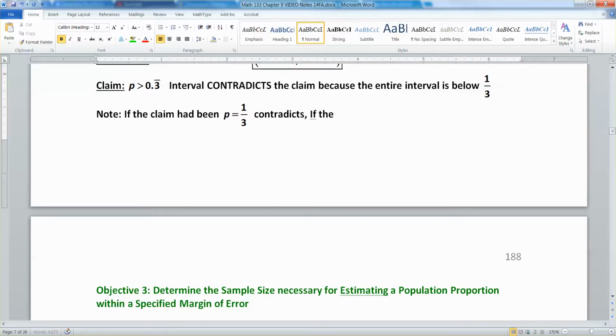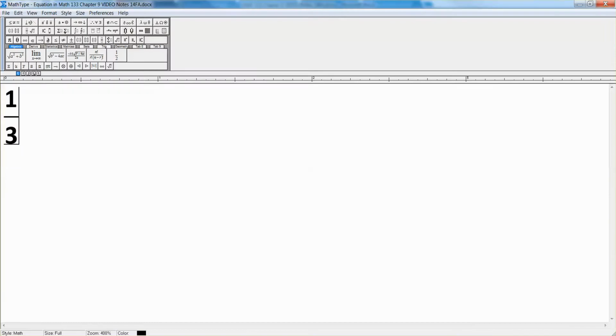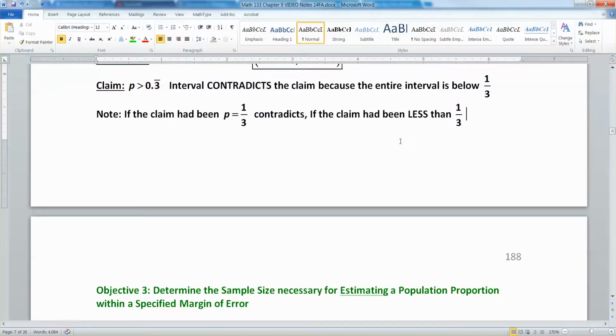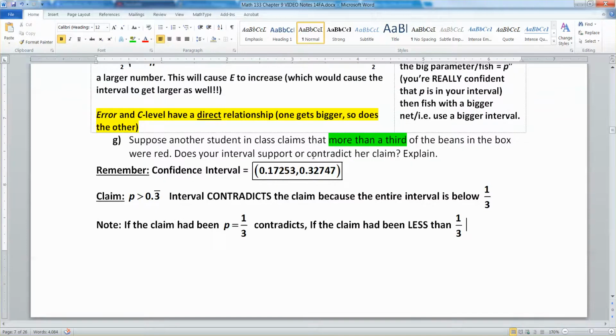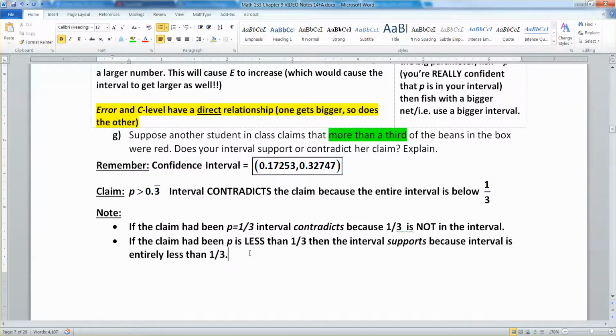If the claim had been it's less than a third, then the interval would have supported them because the entire interval is below a third. So that actually makes sense. There we go. I just typed this up a little bit better.